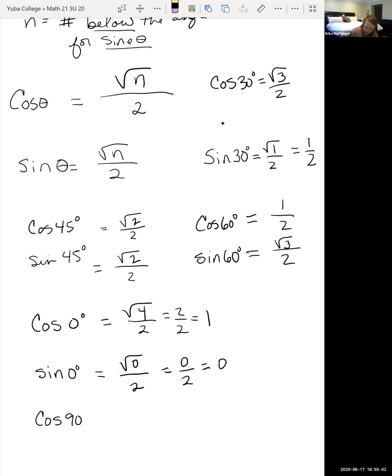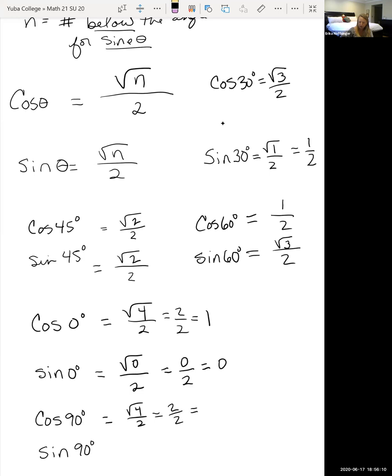Well, you can use the fact that these are co-functions of one another, meaning that 90 degrees minus this would give us the other. Cosine of 90 degrees, or you can use our thing. So cosine of 90 degrees, number of fingers below is 4. So square root of 4 over 2, which is 2 over 2, which is 1.